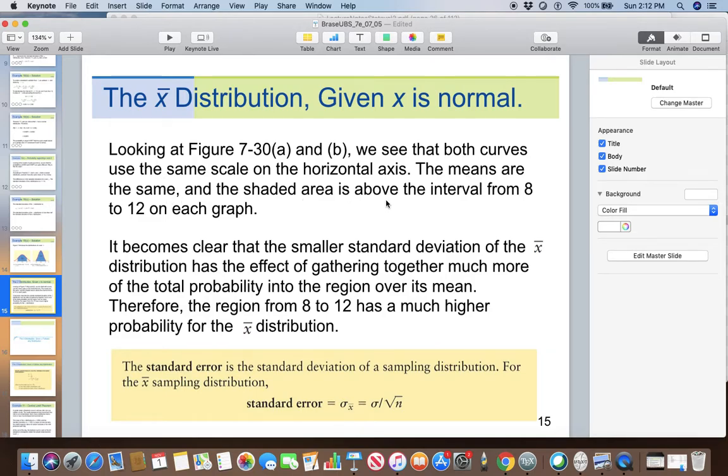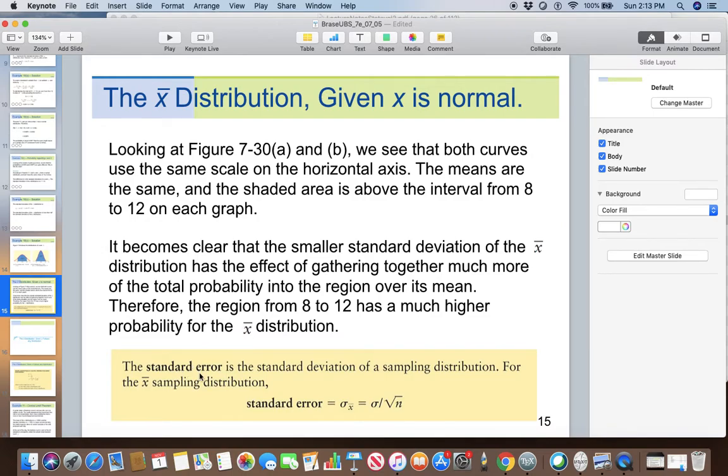The shaded area is above the interval 8 to 12. It becomes clear that the smaller standard deviation for the x bar distribution has the effect of gathering together much more of the total probability. Therefore the region from 8 to 12 has a much higher probability for the x bar distribution.